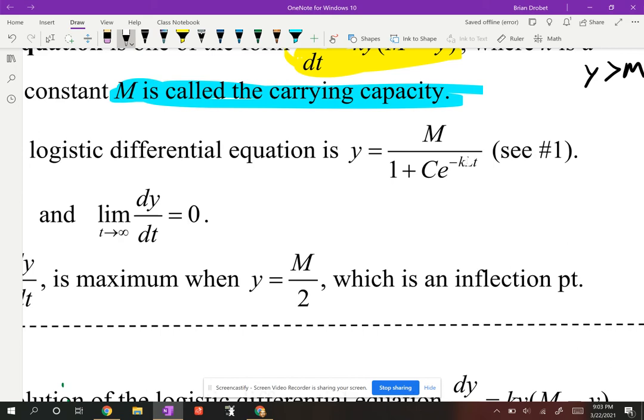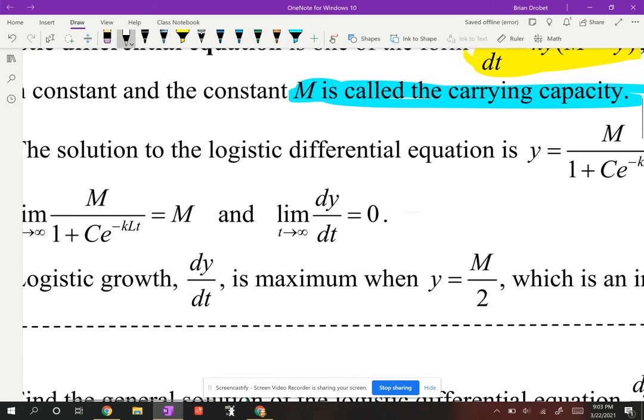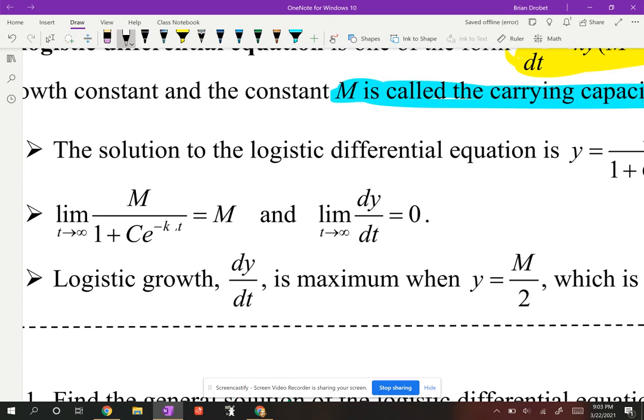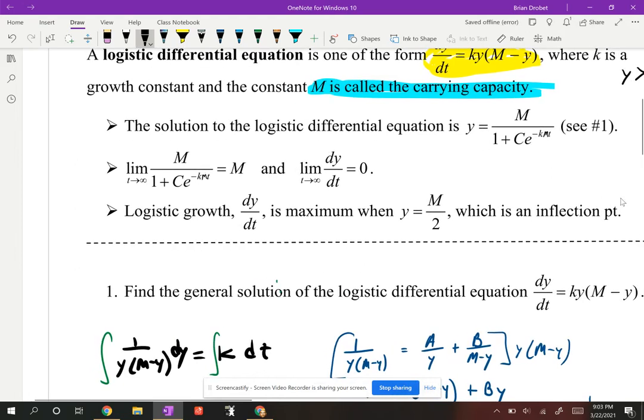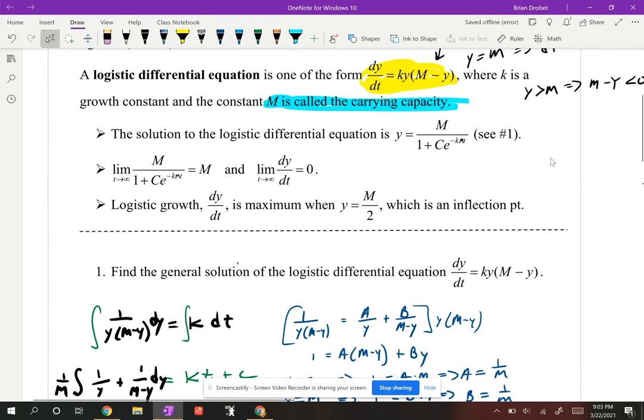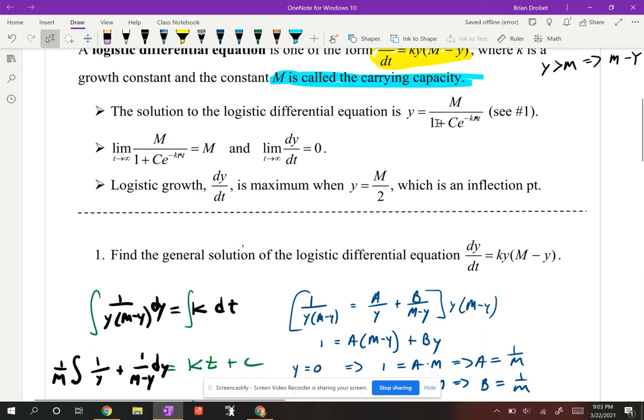So let me fix that and make these into what they should be, which are capital M's. Okay, sorry about that. So you see the solution to the logistic differential equation looks like this: y is equal to M over 1 plus C e to the negative kMt.